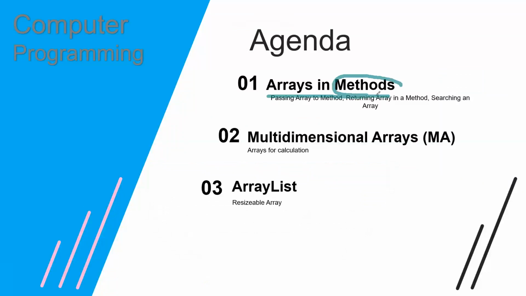So how we can use arrays in methods and what are some particular properties when we use arrays in methods. And there will be some examples and concepts about multi-dimensional arrays, and we will learn about array lists.